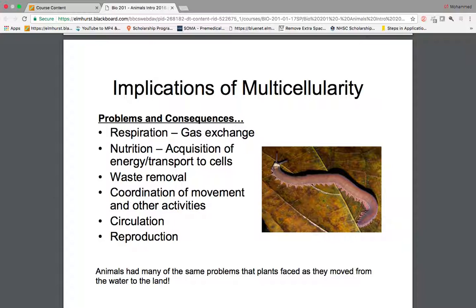So the need for nutrition goes up, and that means that there's a need for acquiring that energy and moving that energy around the body of the animal to the cells that actually need it. When you're small and you have wastes to get rid of, you just secrete those wastes right over the cell membrane and out it goes and away it goes.